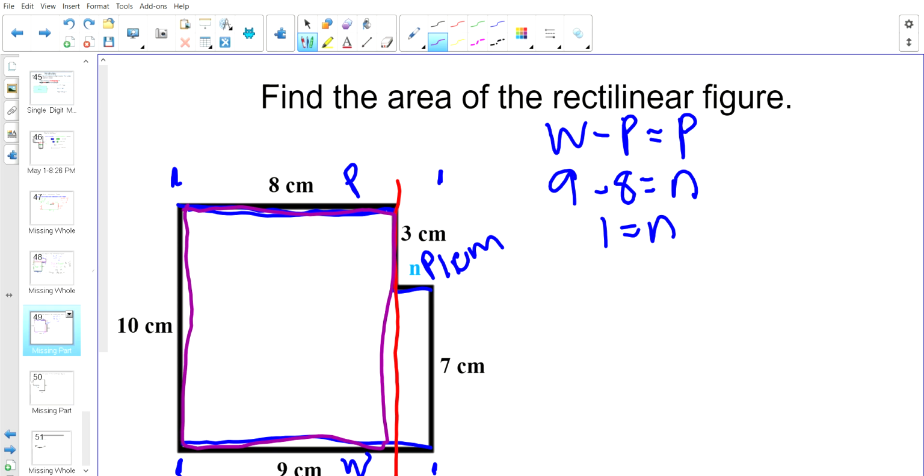This rectangle is an 8 by 10 rectangle. I'll bet you had to think for a moment if it was an 8 by 10 or a 9 by 10, but you realized that 9 is the length of the entire figure, but 8 is the length of this rectangle. 8 times 10 equals 80, so the area of the first rectangle is 80 square units.